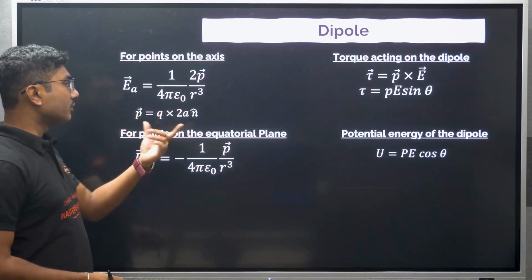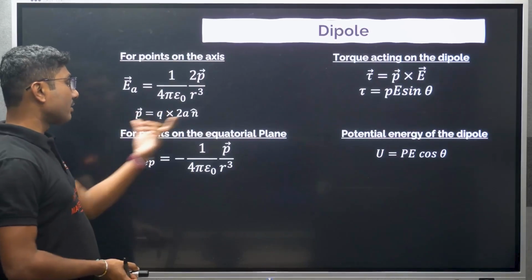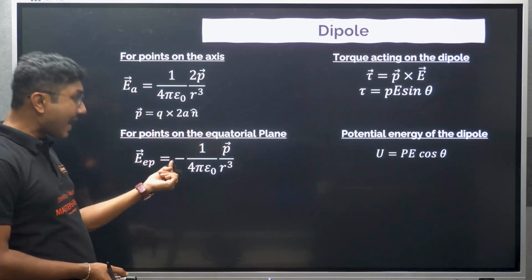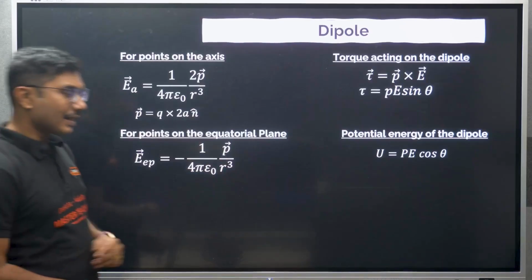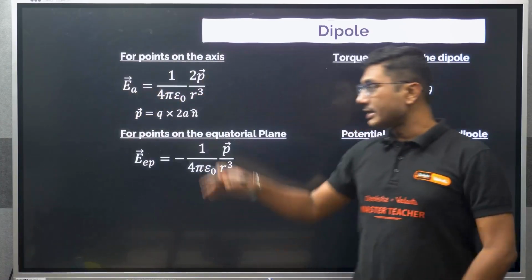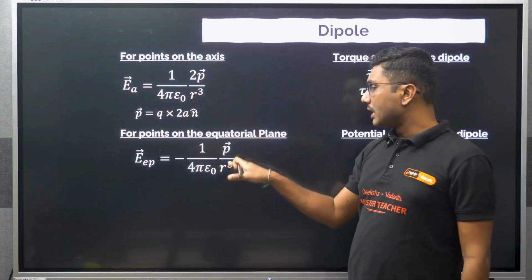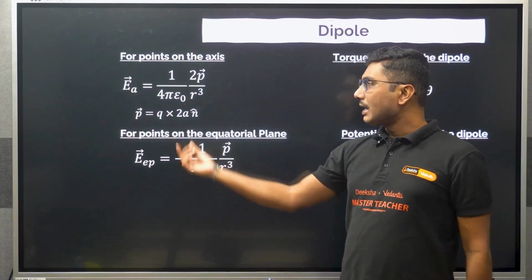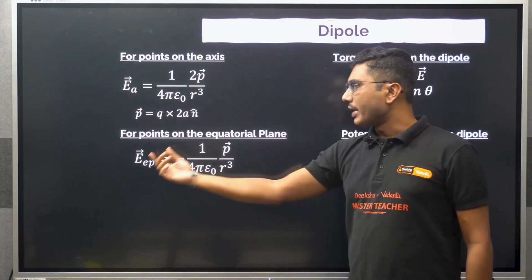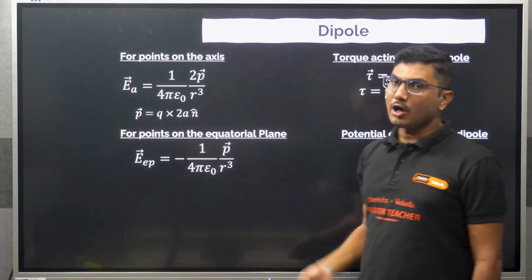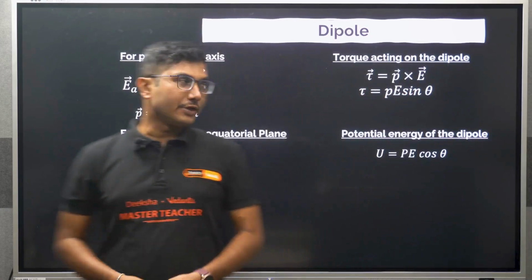For points on the equatorial plane, it is given by minus 1 by 4 pi epsilon naught, p by r cube. The variation with r is the same, but you can see that on the axis the electric field and dipole moment are in the same direction, whereas for the equatorial plane they are in opposite directions.